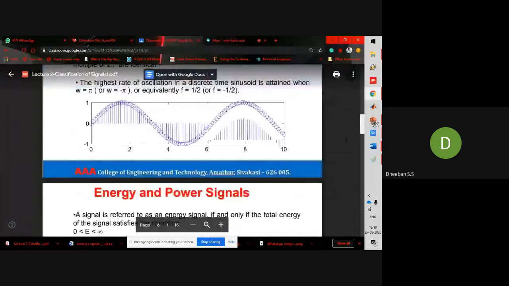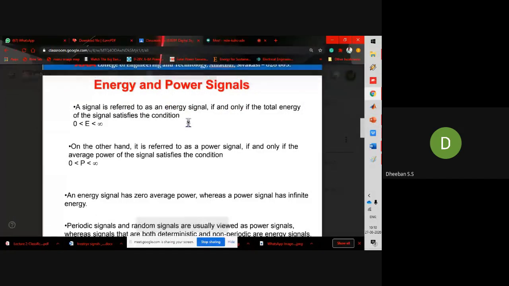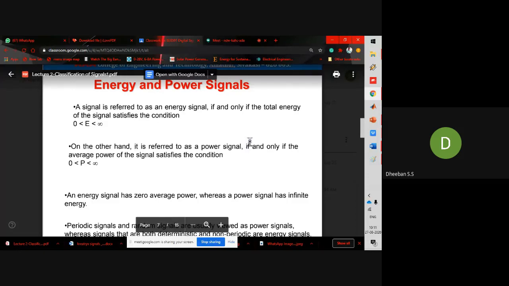Next is the energy and power signal. So here what they will be doing is substituting the values of the signal from 0 to infinity. While they are substituting, it has to satisfy some conditions.